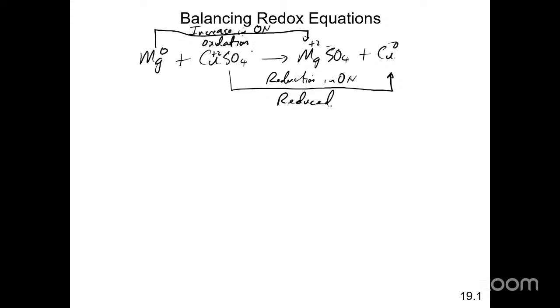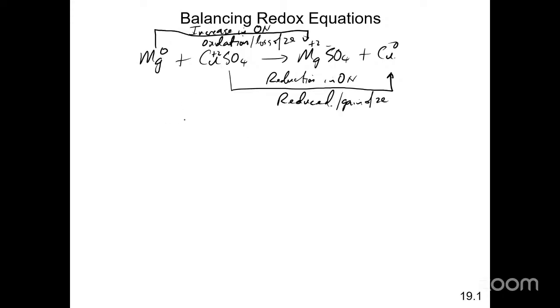So we see that in this example, because as you go from magnesium with a 0 charge to the +2 charge, there is a loss of 2 electrons. And in the case of the copper 2+ undergoing reduction, there is a gain of 2 electrons, right?